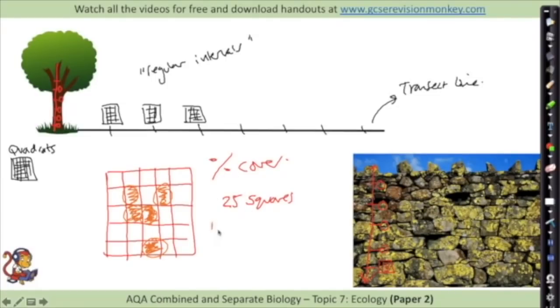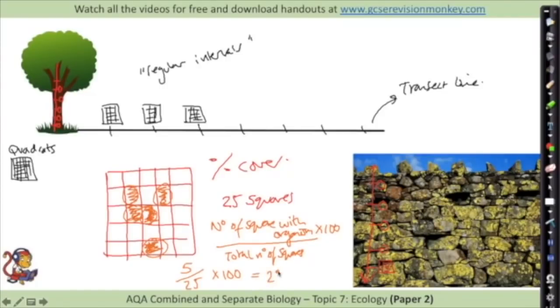So you do the number of squares with the organism in it divided by the total number of squares, and then multiply by 100 to get your percentage. So in this case we've got 5 divided by 25 multiplied by 100, and that will give us our percentage cover of 20%.